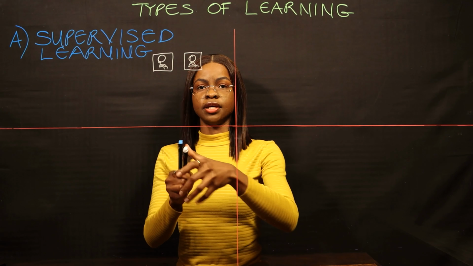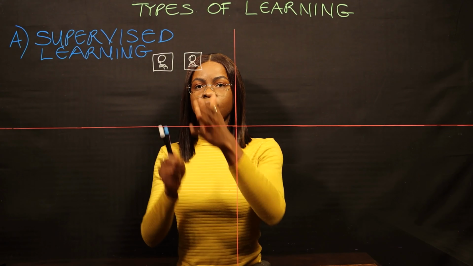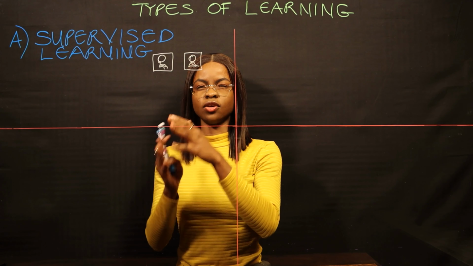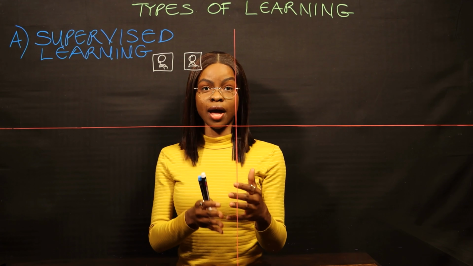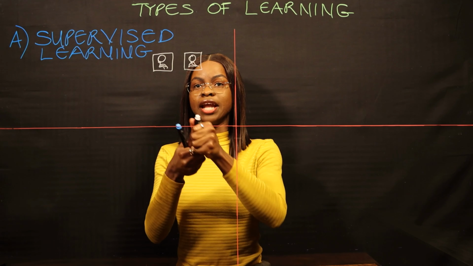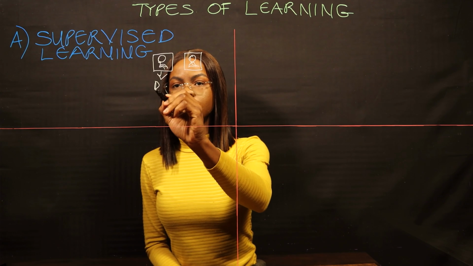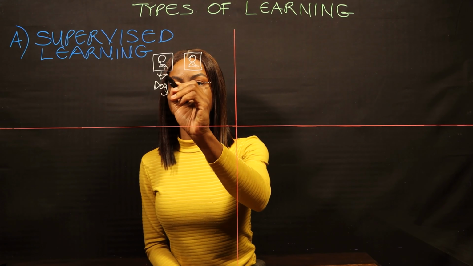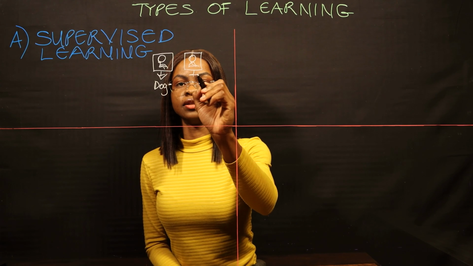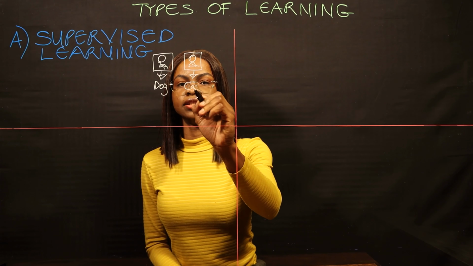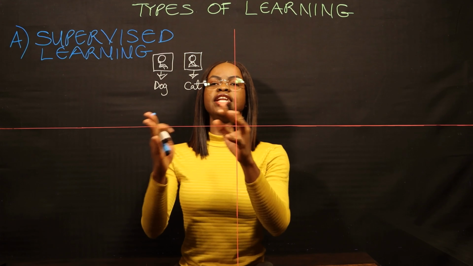To help the model understand what a cat is or how a cat looks like and how a dog looks like, we label each of them. This is a dog, and then we say this is a cat. So basically this is labeled data.